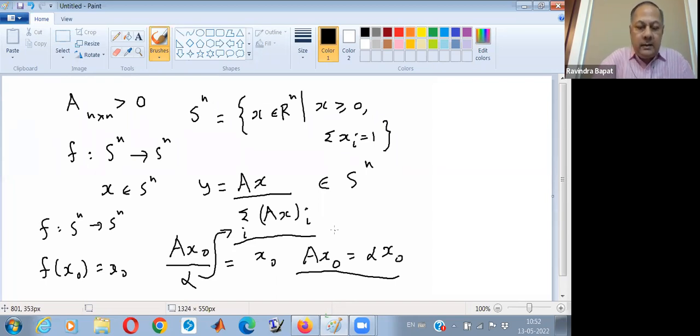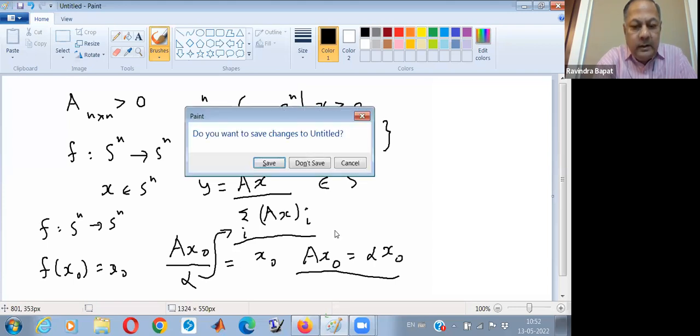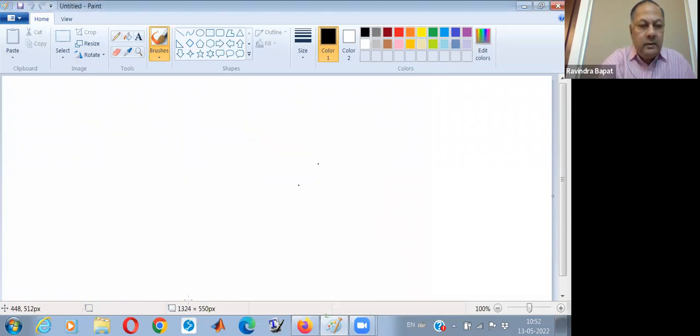But the other assertions of Perron's theorem require more work, which we will do next time. So let me end by giving you the basic references for non-negative matrices. There's a book suitable for this level, though I'm not sure whether the PDF is available.